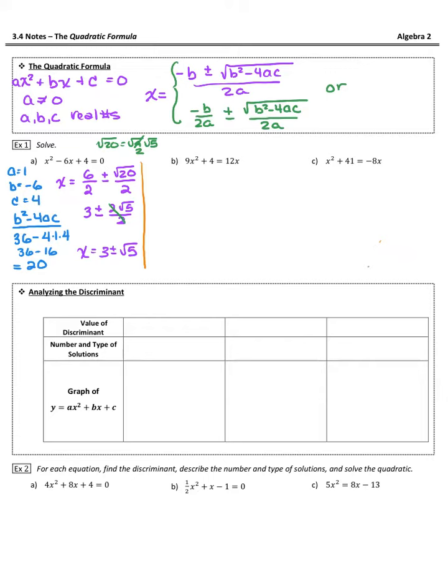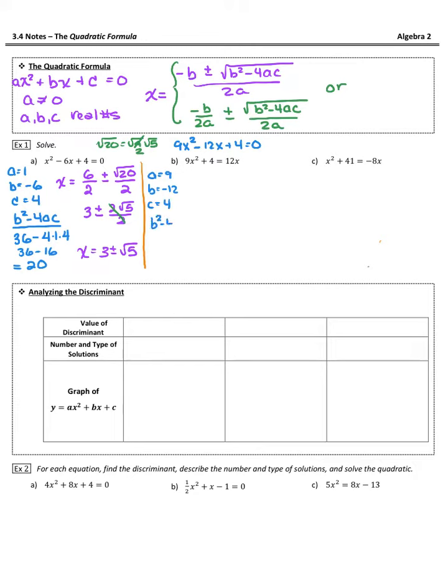All right, let's try another one. So we have here that we need to first set this all equal to 0 because that's the first thing. So we're going to subtract 12x from both sides. Plus 4 equals 0. So I have a is 9, b is a negative 12, and c is 4.